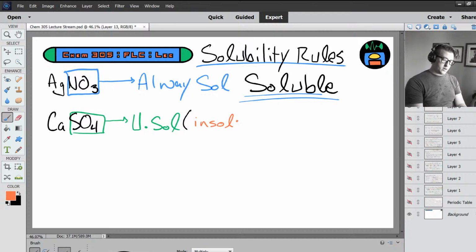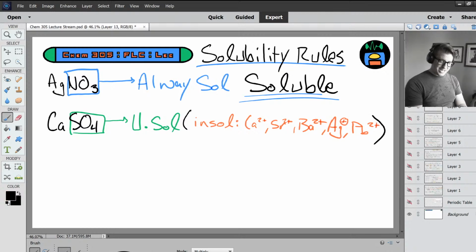So here, sulfate is insoluble when it's paired with calcium, strontium, barium, silver, and lead 2.